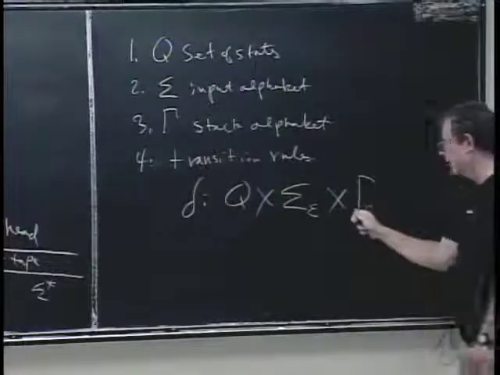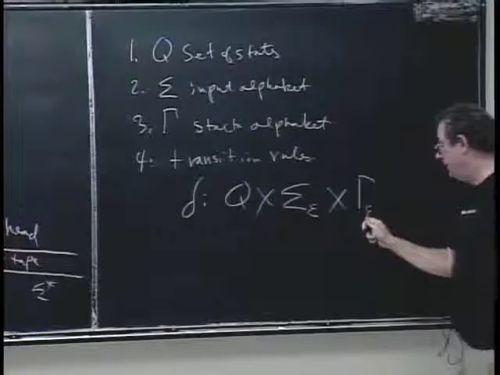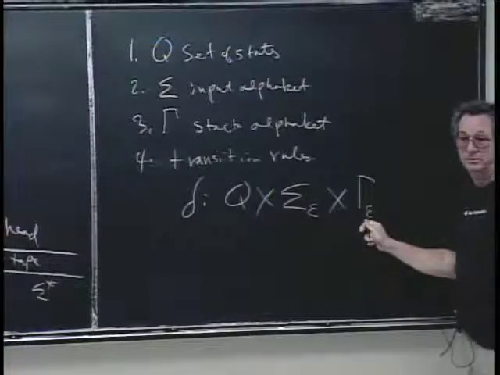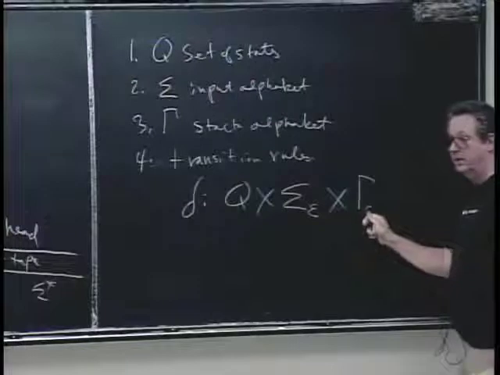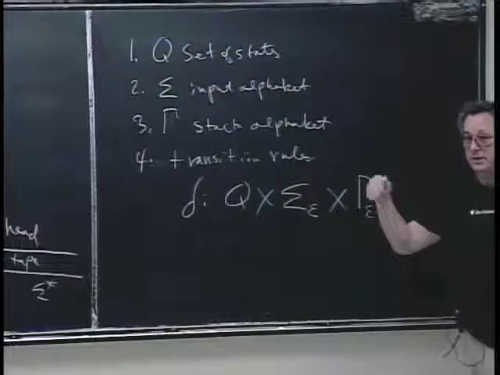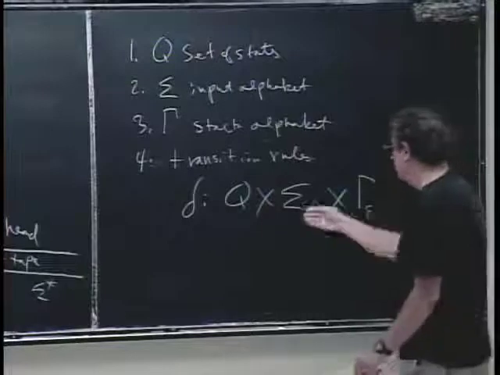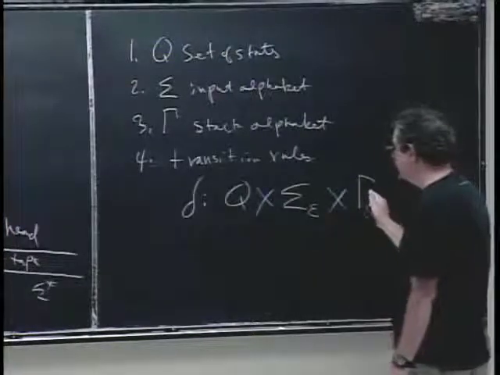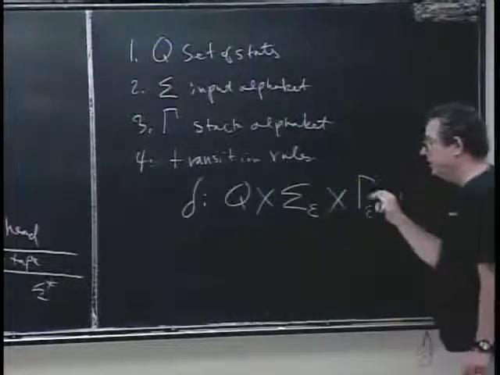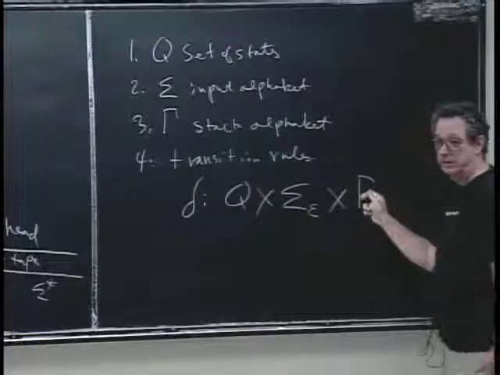So this is gamma, an alphabet, and it's augmented with epsilon as well, which means it's reading nothing off the top of the stack, or it's reading the empty string off the top of the stack. But in the formalization here, the machine has the ability to look at the stack.